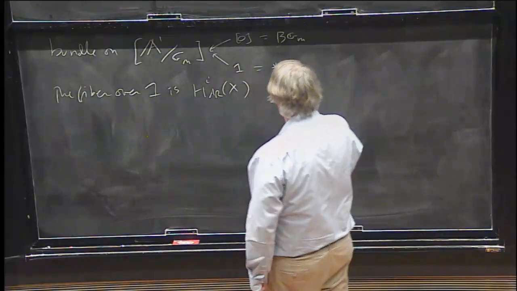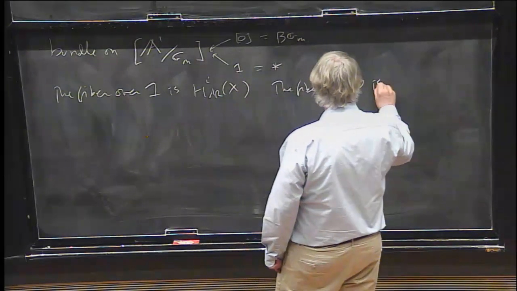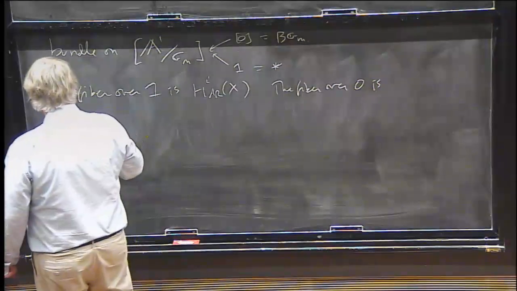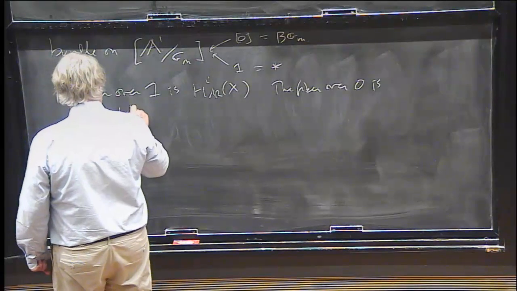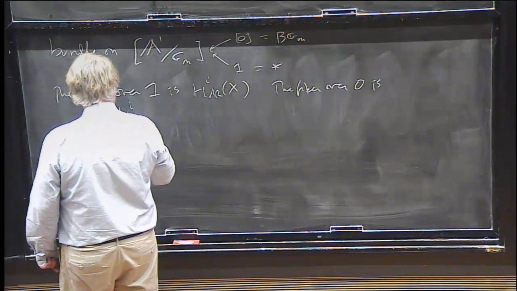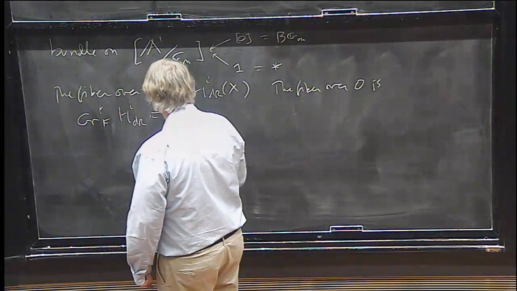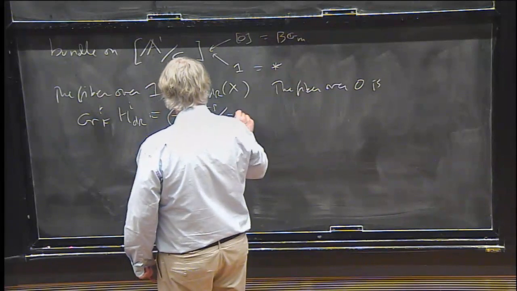And the fiber over 0 is the associated graded, which is defined to be the direct sum over all the different p's of F^p mod F^(p+1).